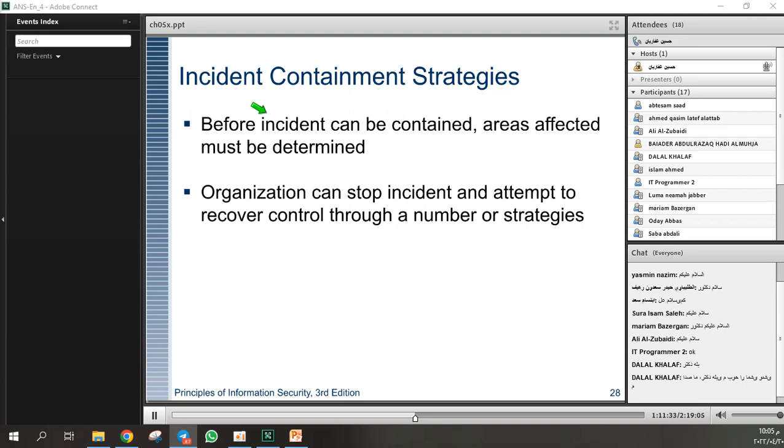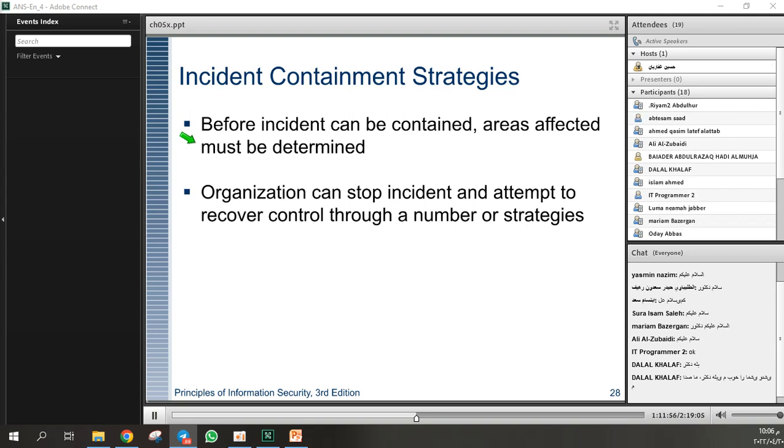One more important thing. Before an incident can be contained, the areas affected must be determined. If a fire happened here, for example in the classroom, which area around this classroom would be affected?